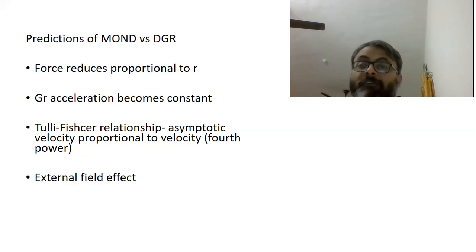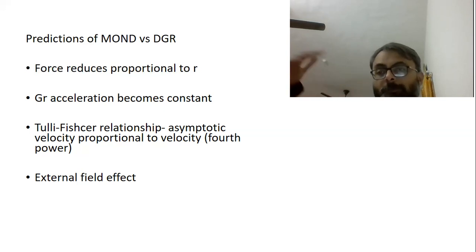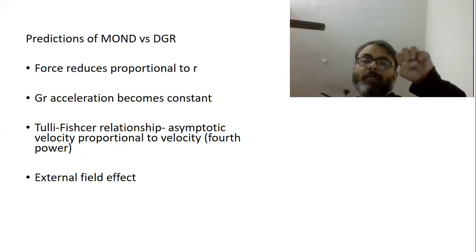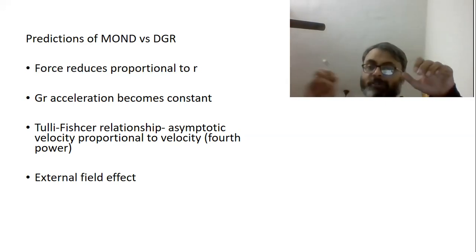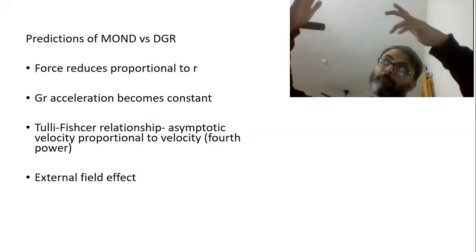So there is an external field effect as well. DGR says that even beyond the galaxy, the linear EPCAs keep going. So one galaxy can influence the other galaxy by linear EPCAs, and the other galaxy can further influence another.